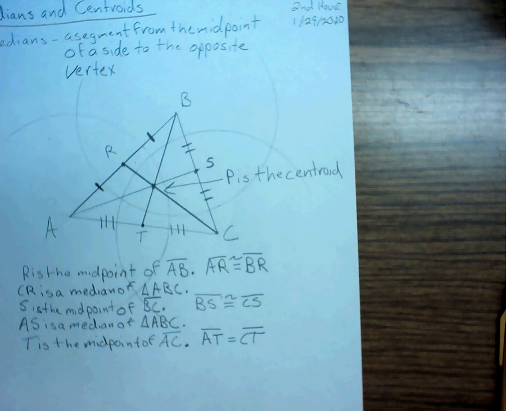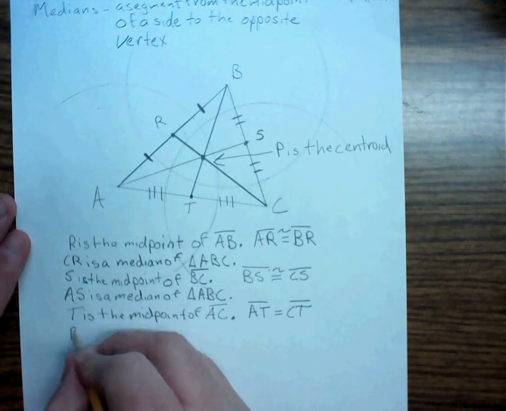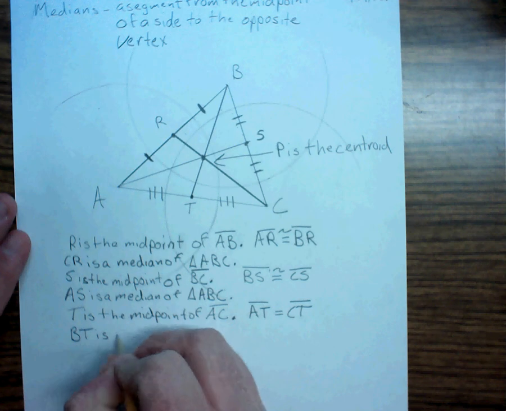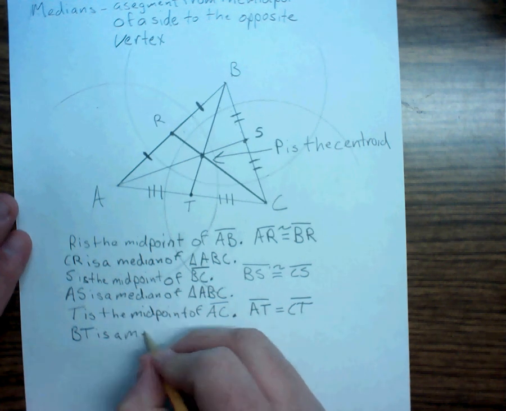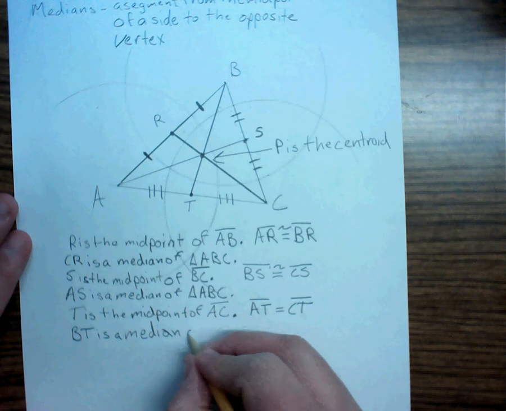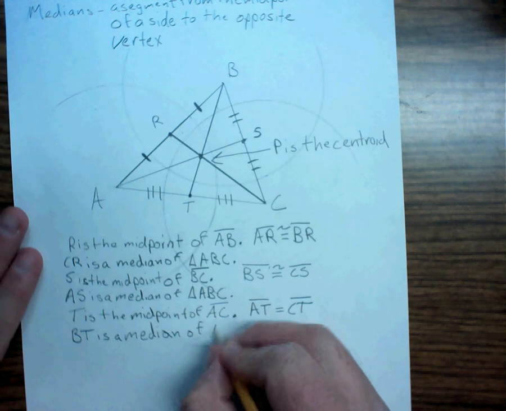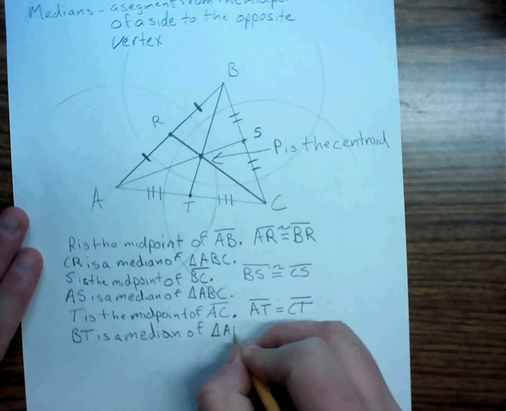Now this center has a property. I probably should list this too. BT is a median of triangle ABC.